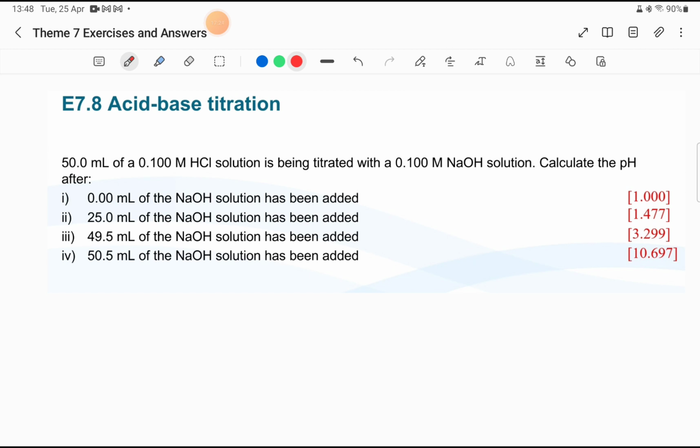We titrate that with a 0.1 molar sodium hydroxide solution. And then we just see what will happen to the pH once we've added different amounts of the sodium hydroxide. But in this case, all of our variables are known. We know both of these are strong acids and bases, so we don't need to take pKa or pKb into account. So we'll just calculate the pH at these different points during the titration.